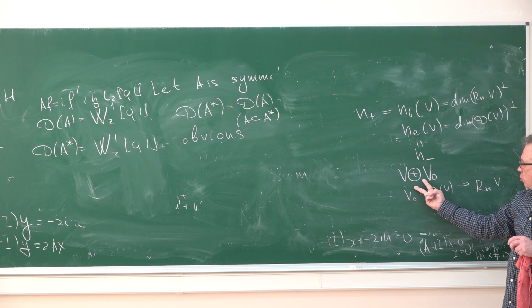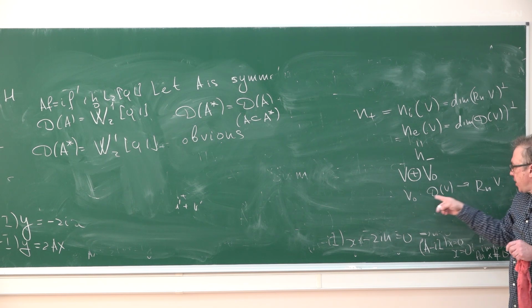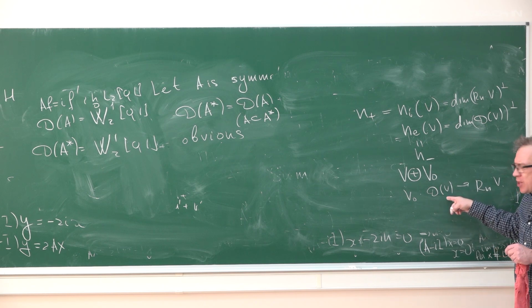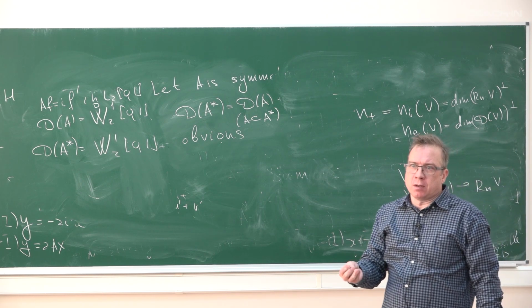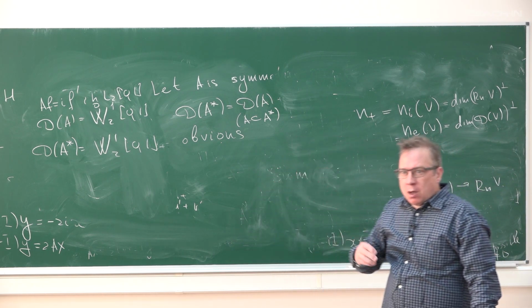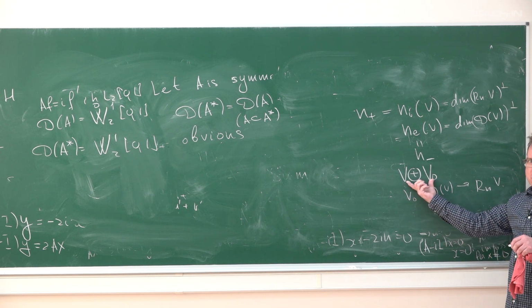But if it is an isometry, then the dimensions of these spaces must coincide. So if you construct it, there will be some extension. It is a new isometric operator.